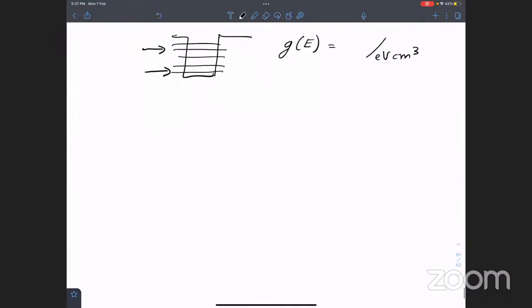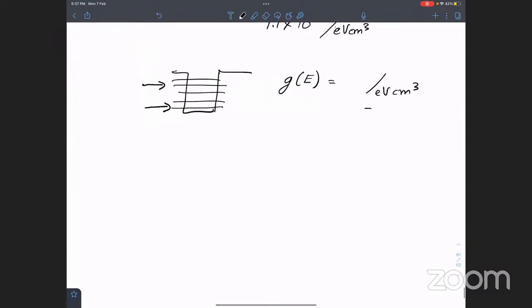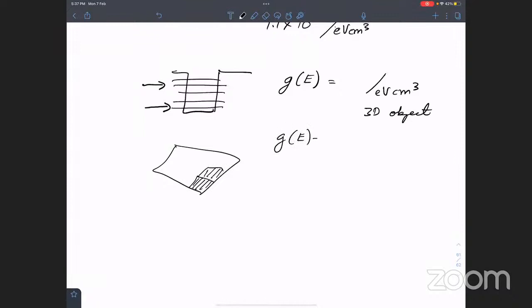This is for a three-dimensional object. If I was looking at a two-dimensional object like this, then each little portion will have its own states, right? And so this density I need to express per electron volt centimeter squared.